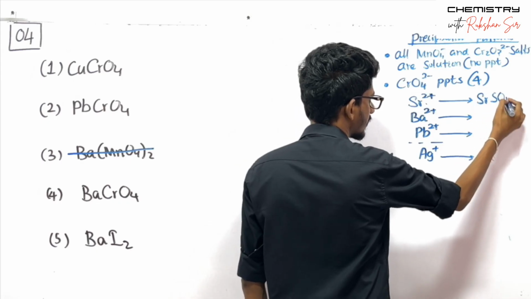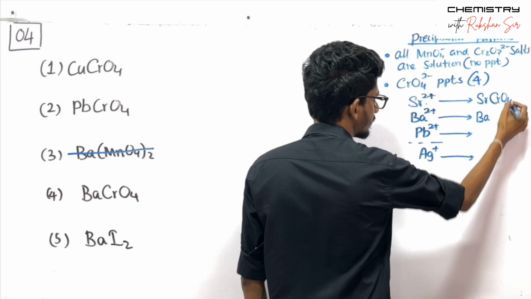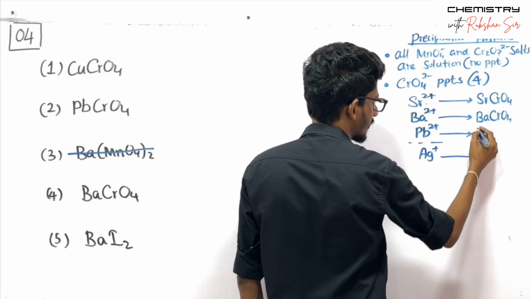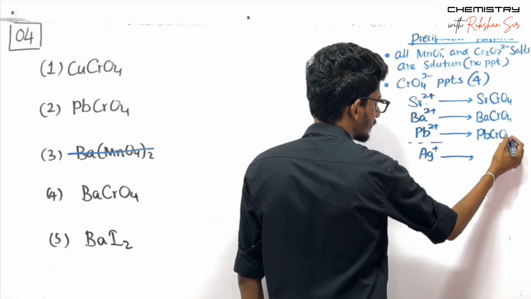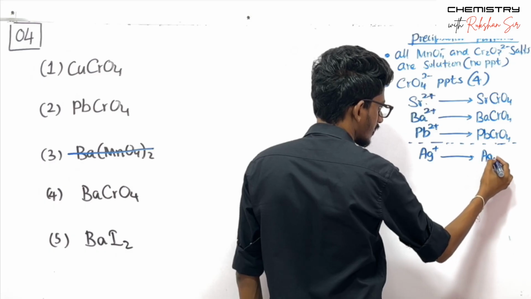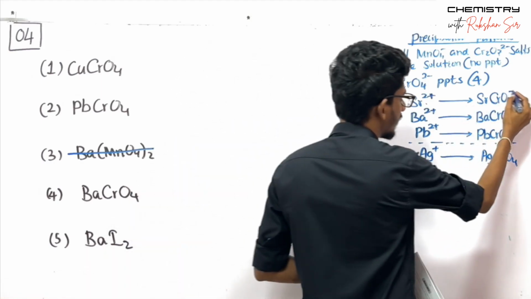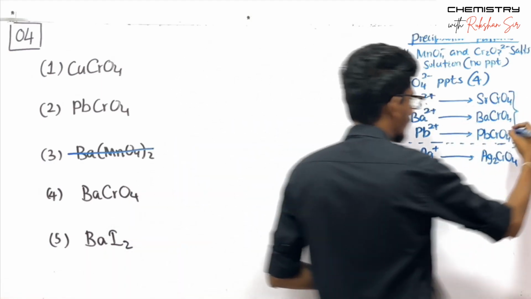Strontium chromate, barium chromate, lead chromate, and the special one, silver chromate. These 3 are yellowish.